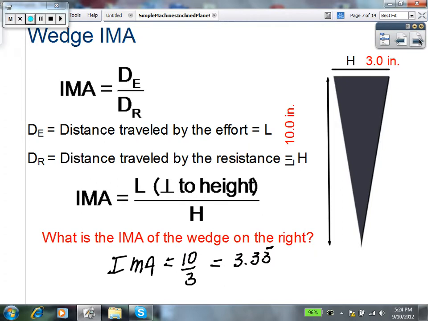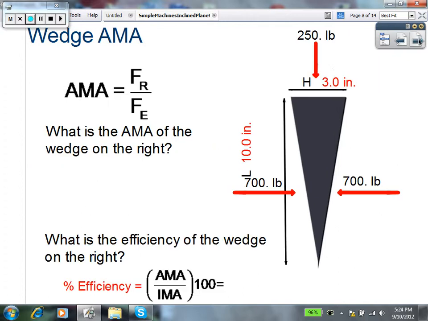Now with a wedge, because you're actually pushing this in between materials, there's a lot of friction that's going to build up. But once again, the actual mechanical advantage is the load, Fr, the resistance load, over Fe, which is the effort force.